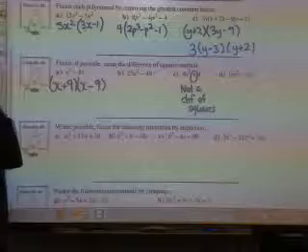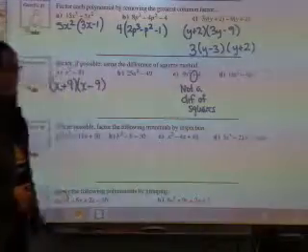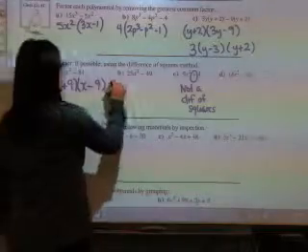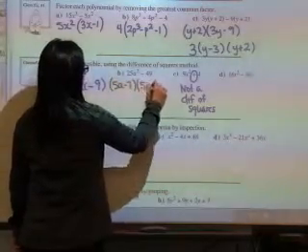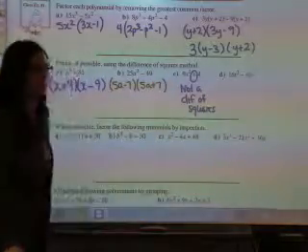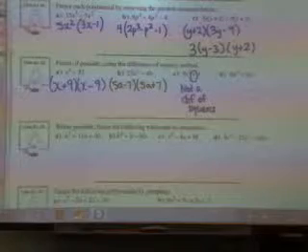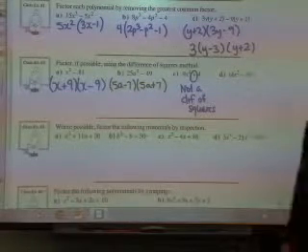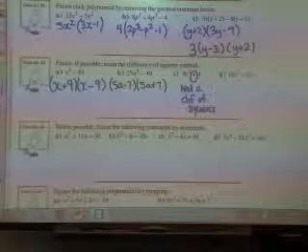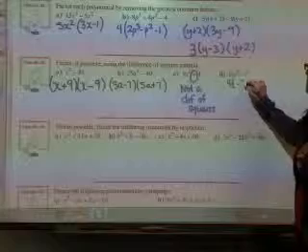So if I factored b, what would I get for b? 5a minus 7. Okay. So what would happen if I factored d? You got 4t minus 8.